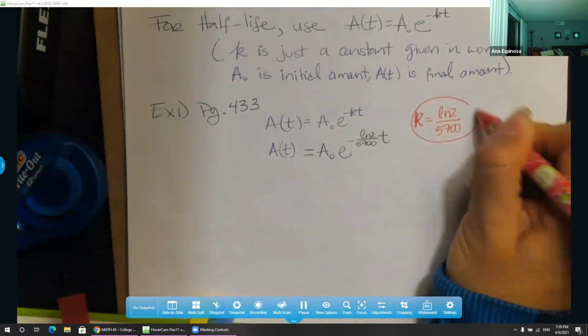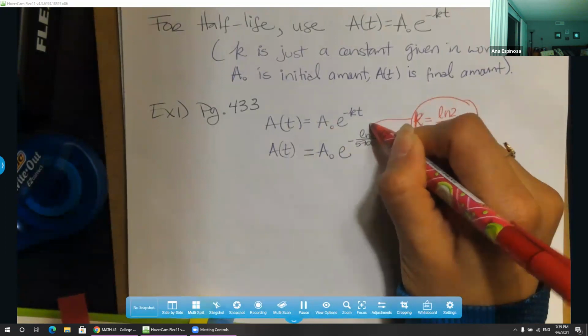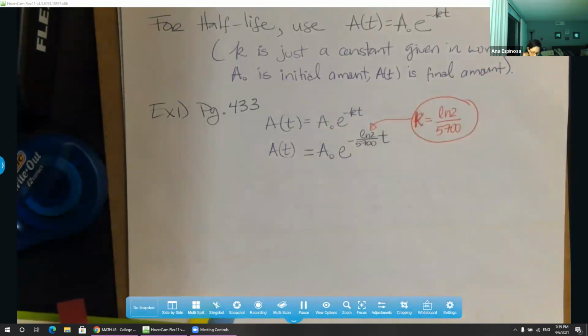This is why this is plugged into here. That's because that's what the word problem said. The half-life of carbon-14 is about 5,700 years. If a fossil contains 1/5 of the carbon contained in a contemporary living sample, estimate its age to the nearest 1,000.